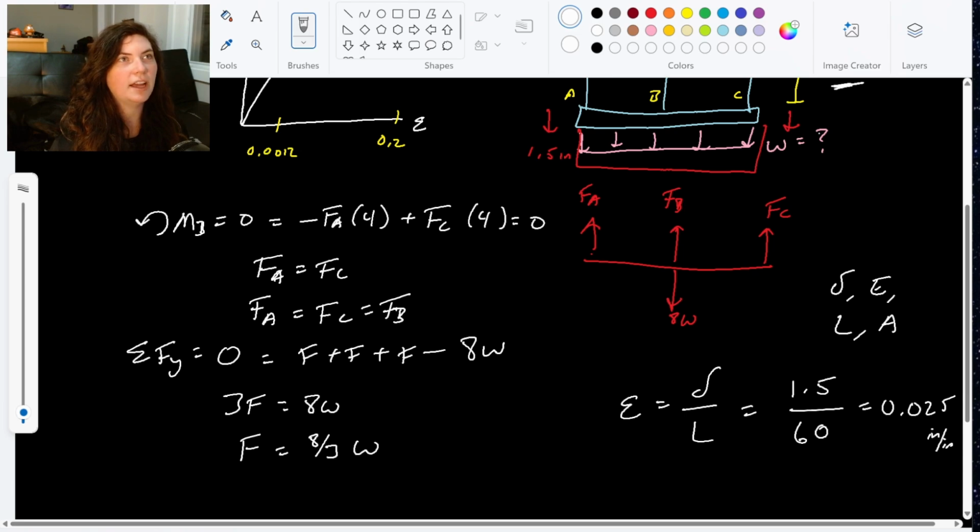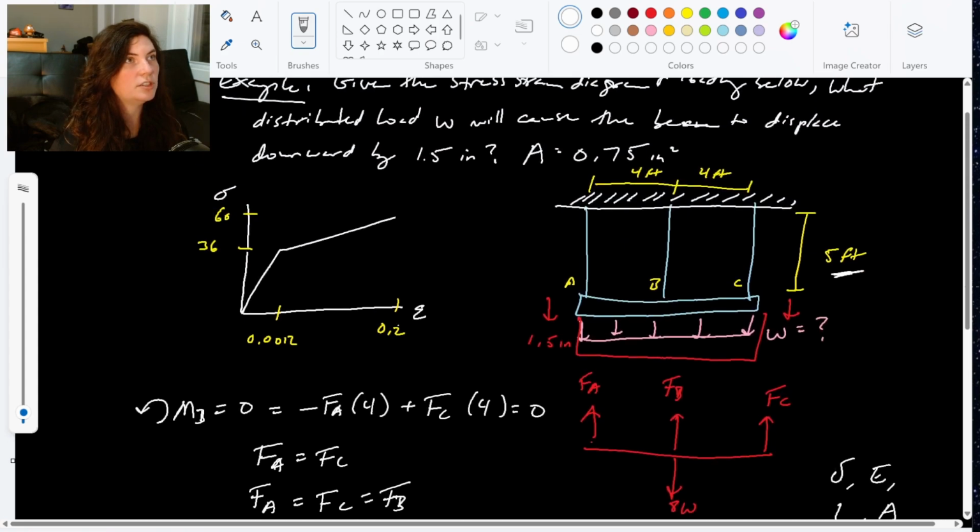Remember, I'm trying to find that W. So what I'm going to do is use my strain here, as well as my stress strain diagram. Try to find my loading that would cause, right? Trying to find that stress that then I can use to calculate that loading.